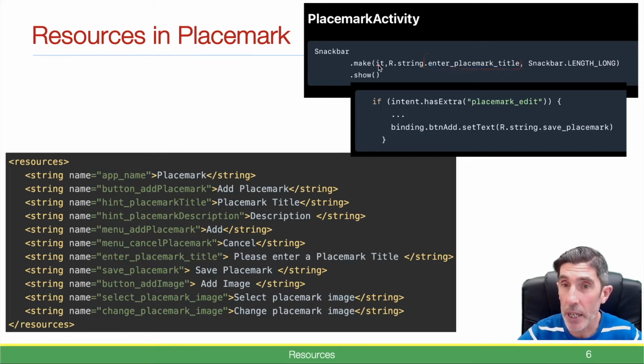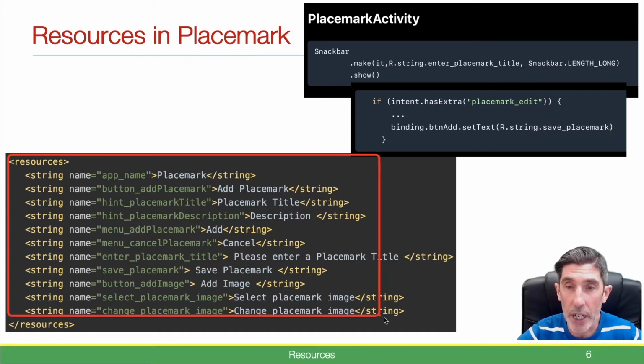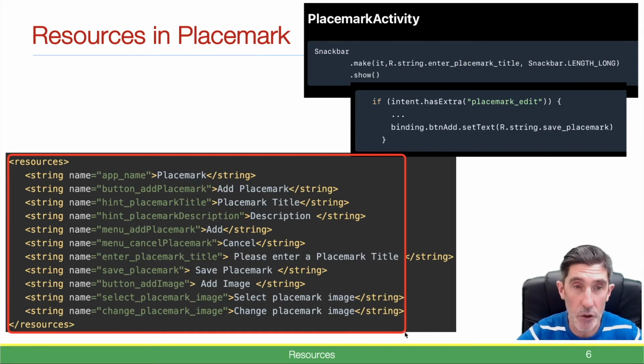In this example, there's a couple of string resources. We have the enter placemark title, we have the save placemark, and here we have them in the resources file, specifically the strings file.